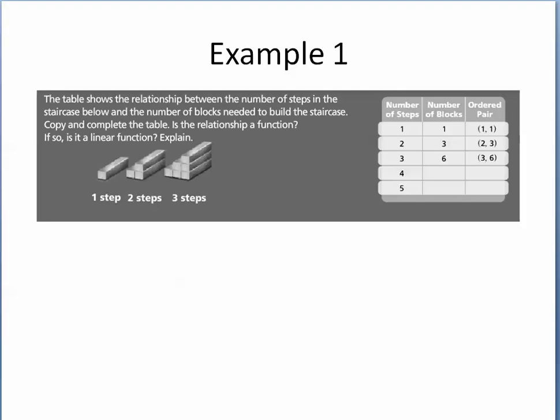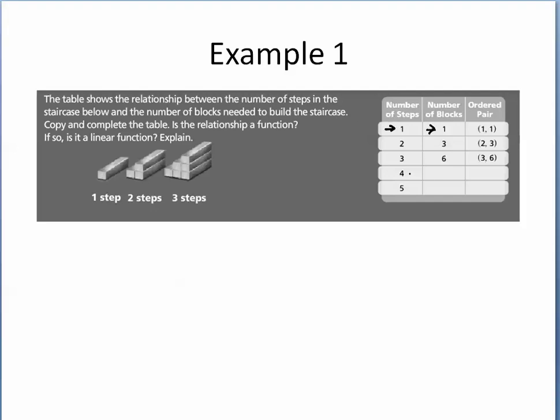The table shows the relationship between the number of steps in a staircase below and the number of blocks needed to build the staircase. Okay, so we have steps here, and for this one step, you see there's actually 1 long block. So 1 step, 1 block.